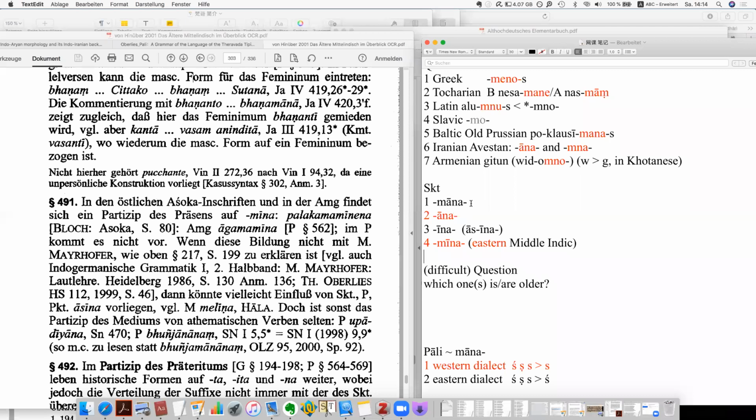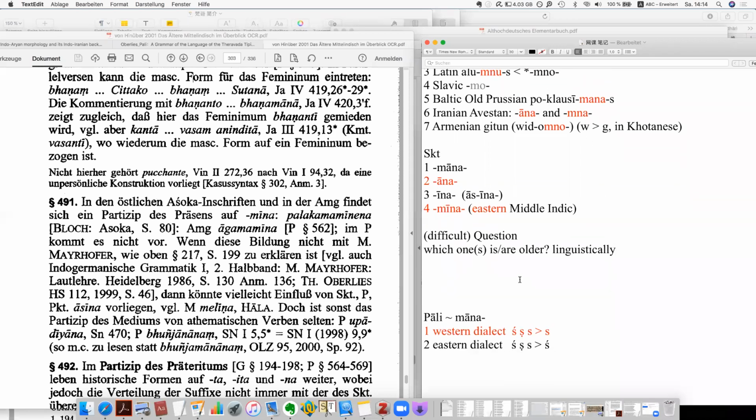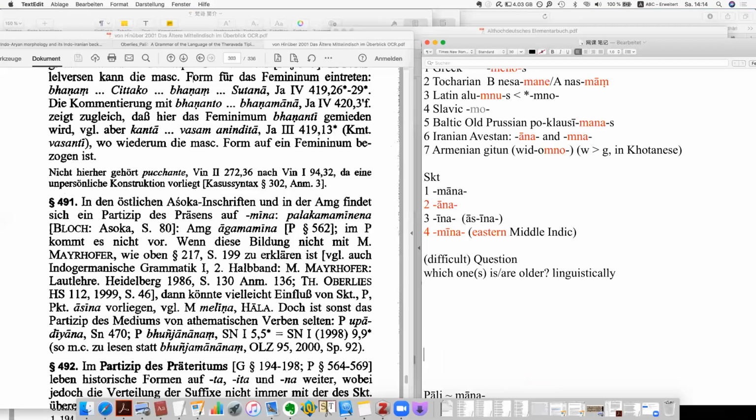So māna and āna are both attested in the Rigveda, but what I mean by older is linguistically and historically older. And why do we have so many different forms in other languages, right? So let's come to the explanation.